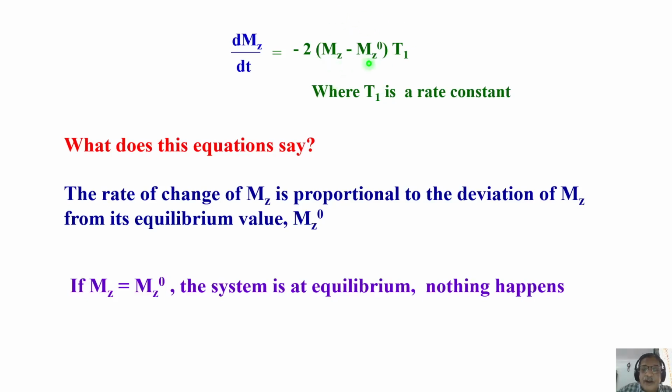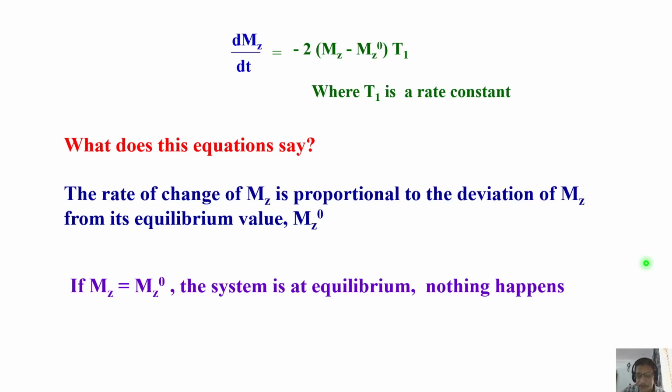Now I put Mz equal to Mz 0. What happens? When Mz equals Mz 0, that is the equilibrium. There is no deviation. When these two are equal, this term becomes 0. There is no deviation from the equilibrium. Then with Mz equal to Mz 0, the system is at equilibrium and nothing happens.